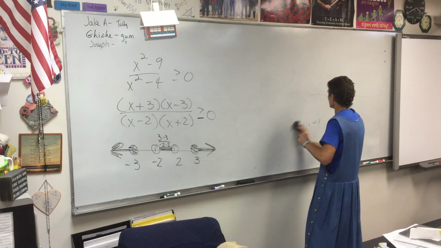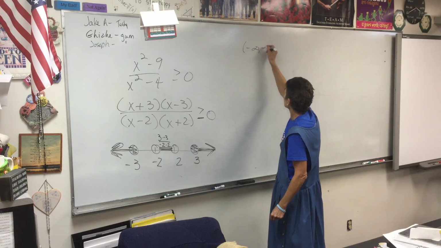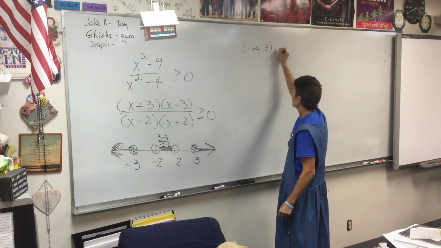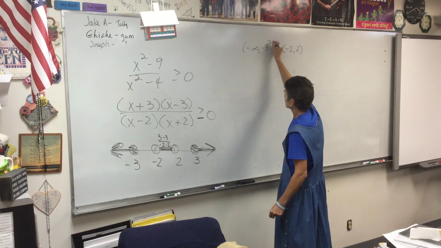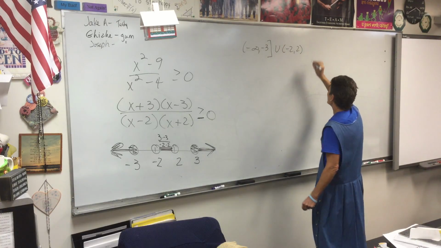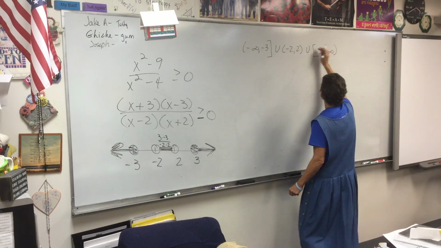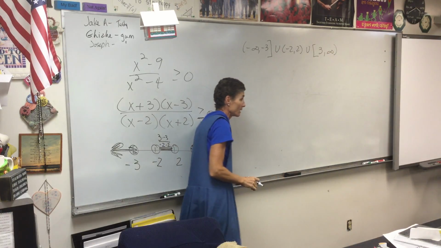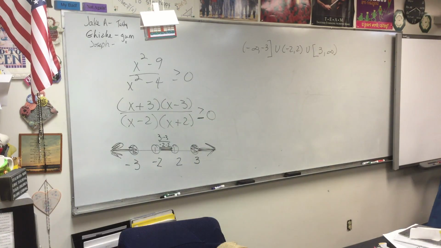My answer is going to be -infinity to -3, or -2 to 2, whoops, that's a bracket, or 3 to infinity. There's a lot going on. Take a look at that answer, make sure that makes sense to you.